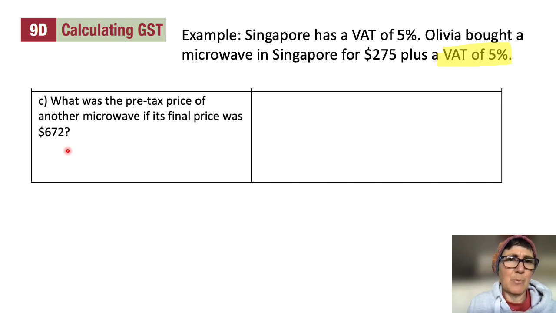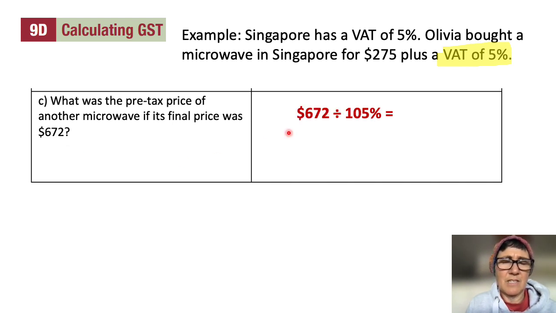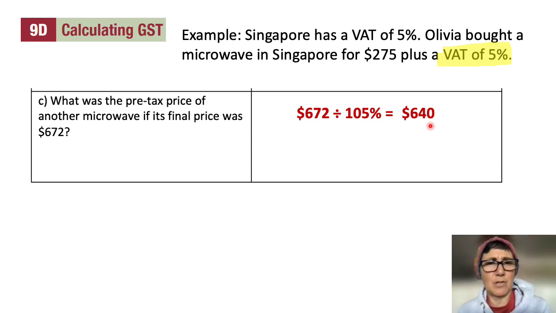So for this Singapore question, we're going to take 672 and divide it by 105%. Okay, and that'll give us the pre-tax price. So that microwave would have cost, well, would be selling by the shop for $640, so $640 to the shop owners, okay, and the rest would go to the government.